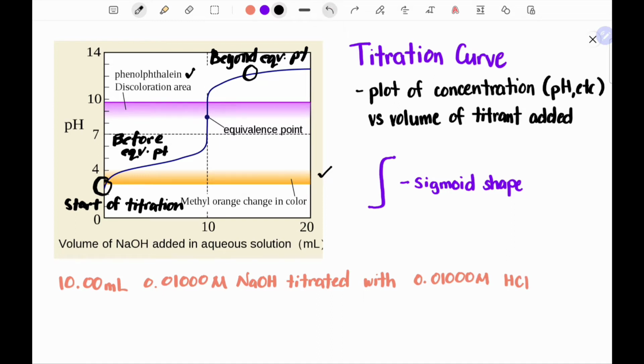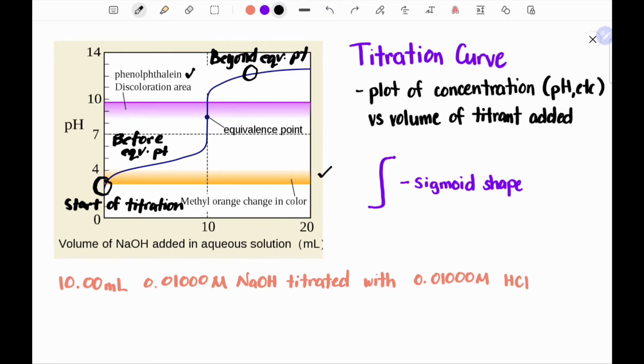So in the future, if you are asked to find an appropriate indicator for an acid-base titration, make sure to look at the titration curve, locate the steep region of the equivalence point, and find a pH indicator that changes color within that range.